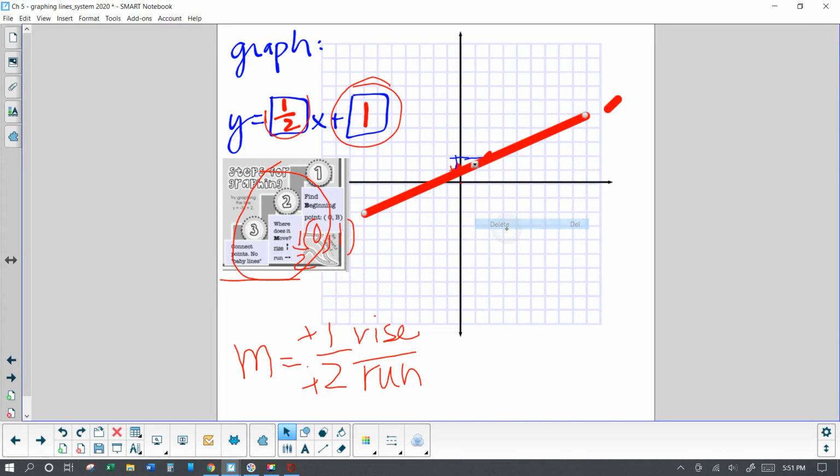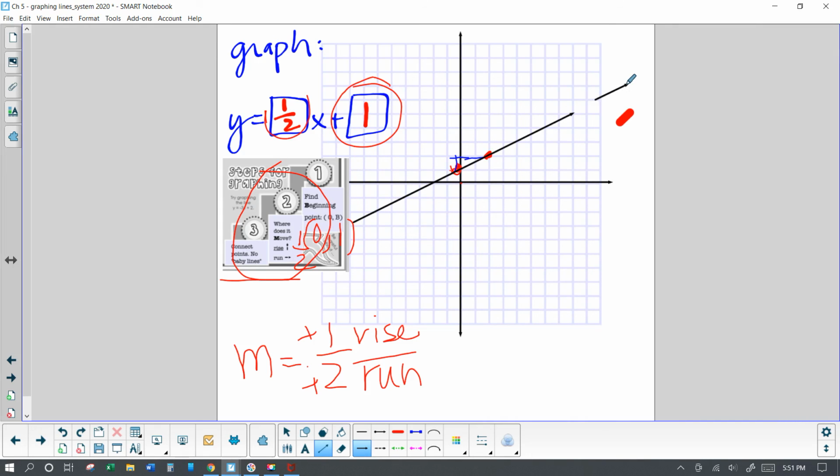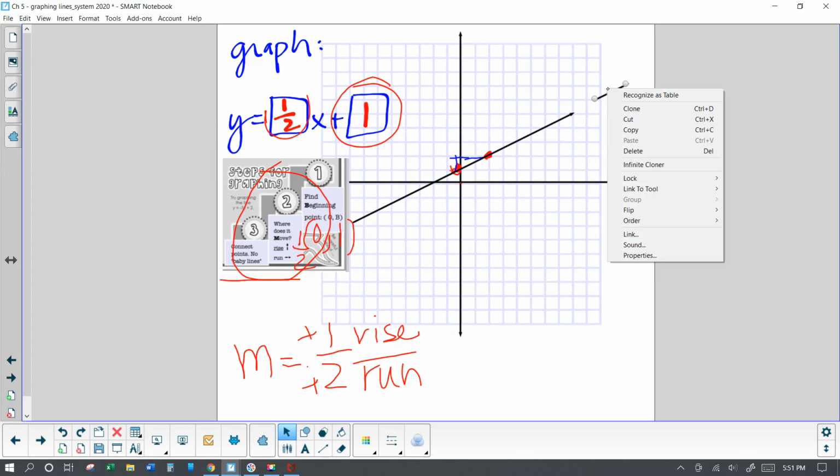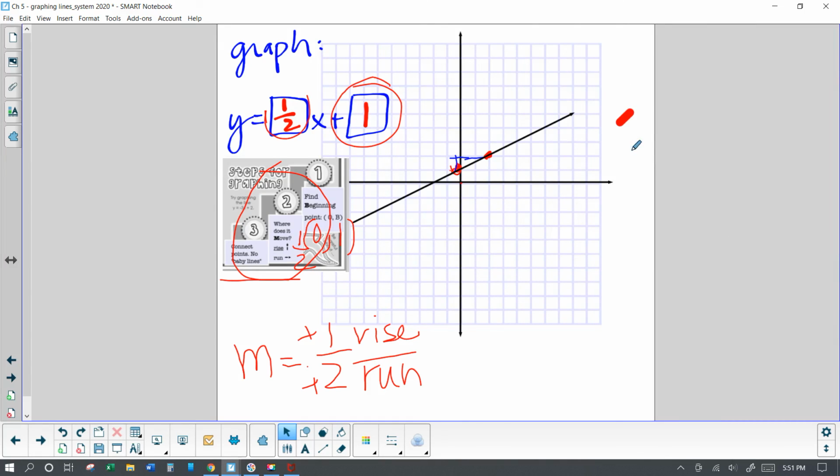It's really fat. And my mistake line over here, I'll just get rid of that one. Okay, all right, line, here we go. Draw you all the way through, and got another mistake line in there. Okay, there is the graph of the line y equals 1/2 x plus 1.